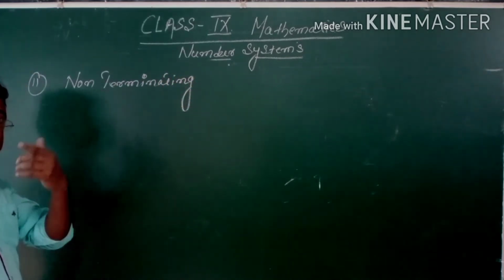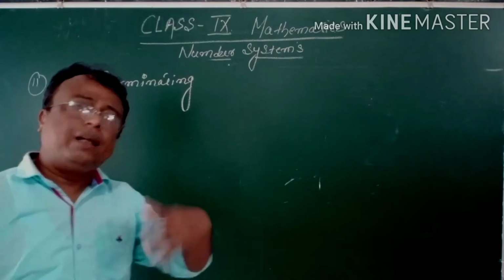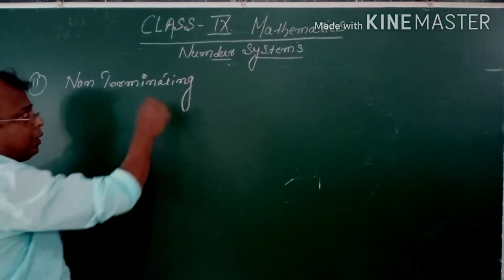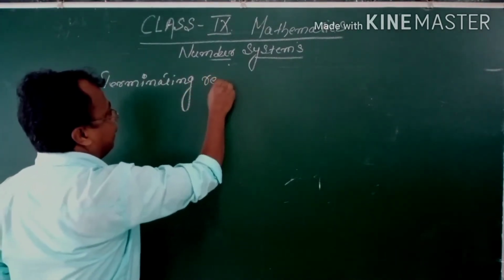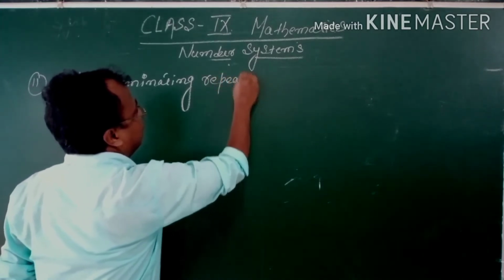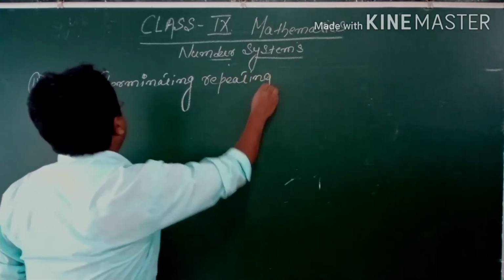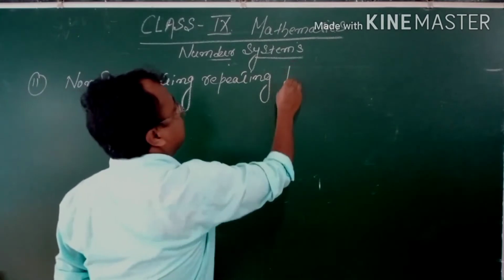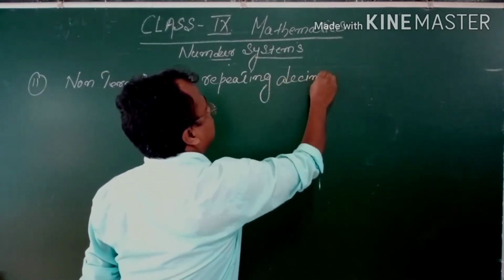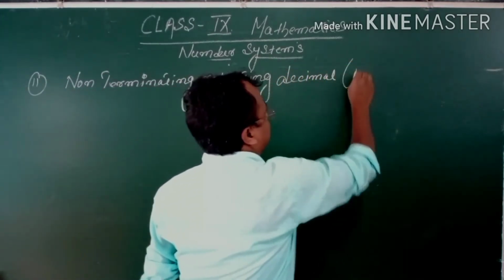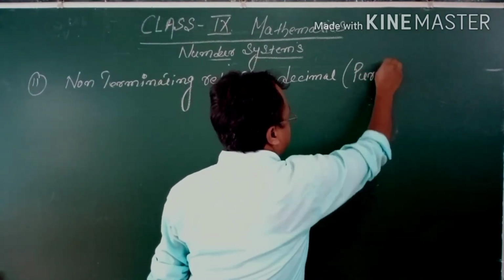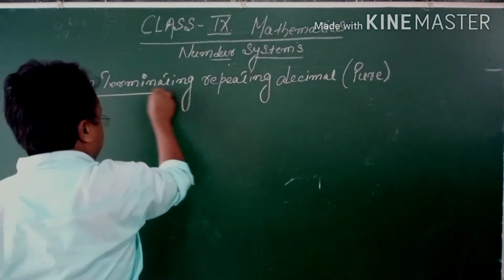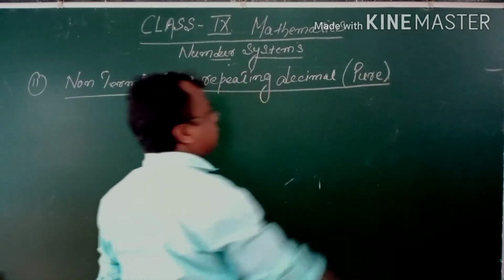In your book it is written recurring, and recurring and repeating are the same, so don't get confused. So I am using the word repeating. Non-terminating repeating decimal, how we will convert it. First we are going to discuss the pure form. So let us see what is pure and what is mixed. It will be clear after doing this one.